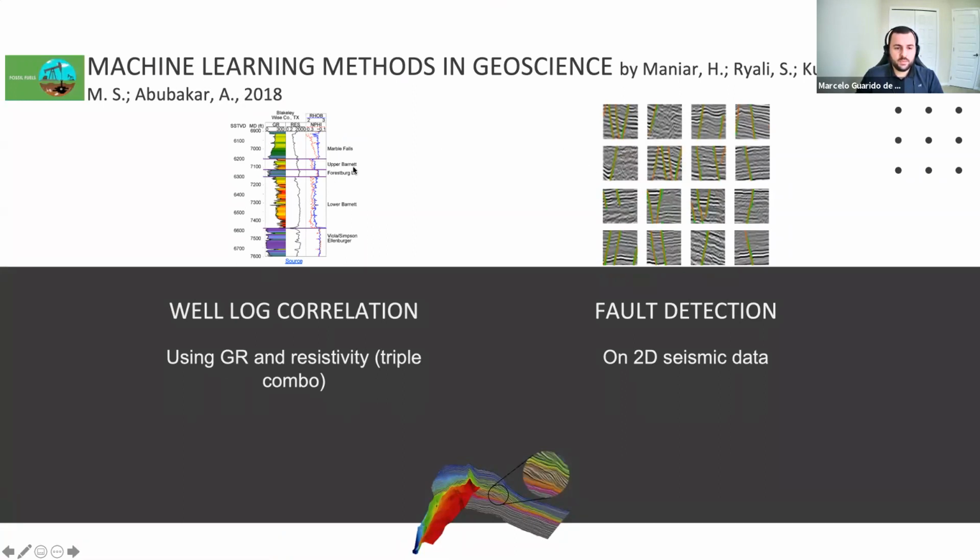The first one here on the left, they are doing a well log correlation work where they are using gamma ray and resistivity, the triple combo, to predict where the tops are in the logs. And the second example, they use 2D seismic data and the image segmentation method to try to detect faults in seismic images or in seismic sections.